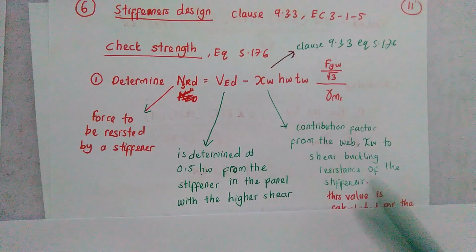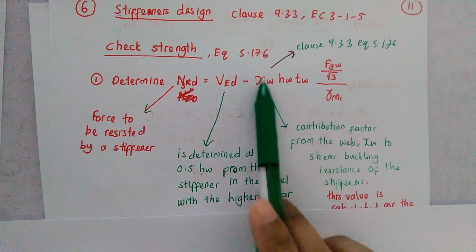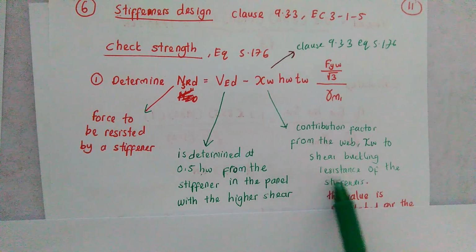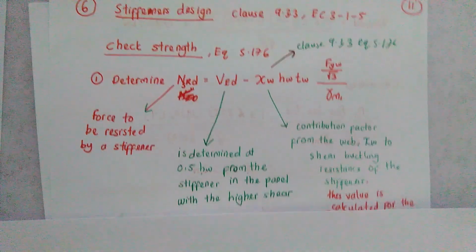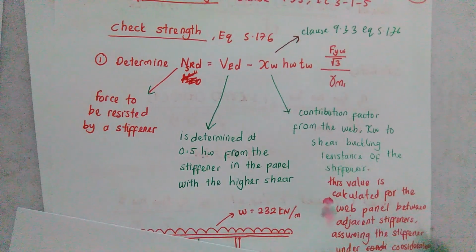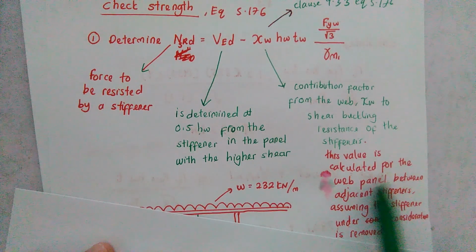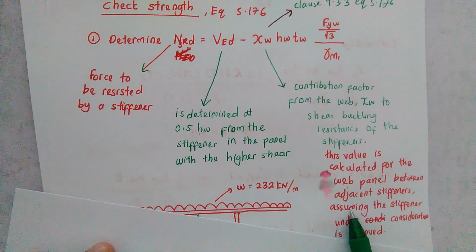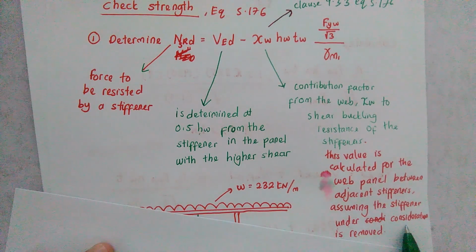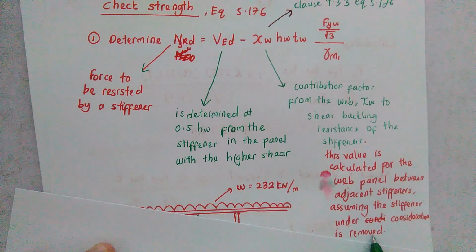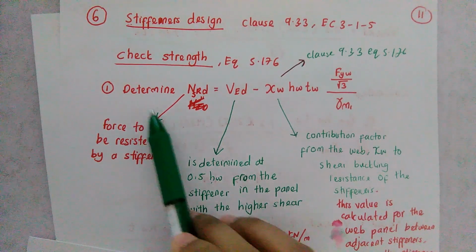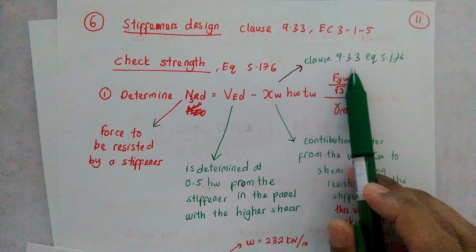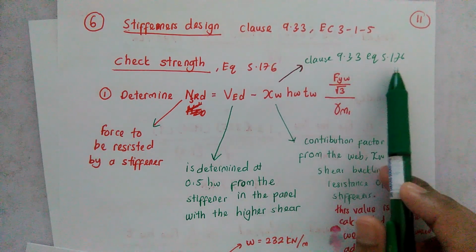And this one is the contribution factor from the web to the shear buckling resistance of the stiffener, whereby this value is calculated for the web panel between adjacent stiffeners by assuming the stiffener under consideration is removed. This equation can be found in clause 9.3.3, equation 5.76.